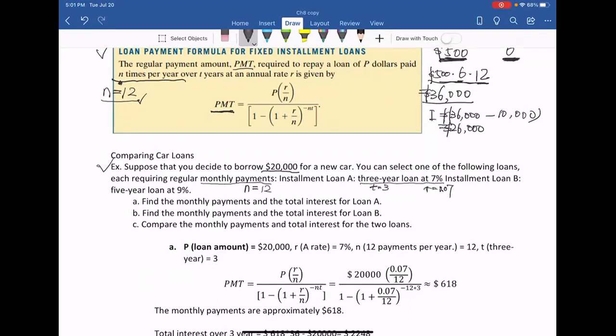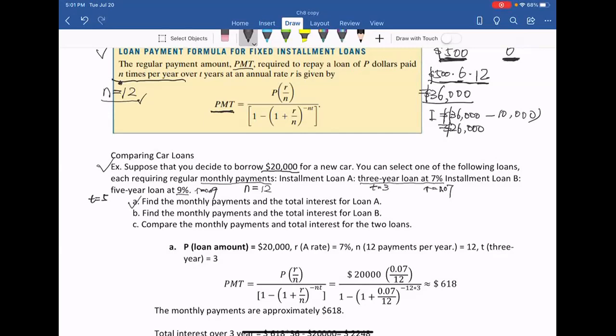Loan B is a 5-year loan at 9%. The T is 5, and the rate is 0.09. So let's see the first question: find the monthly payment and the total interest for loan A.